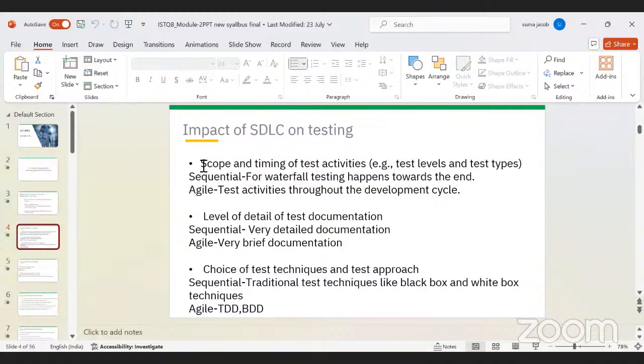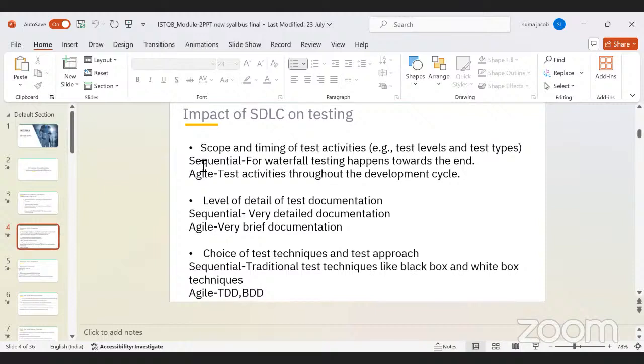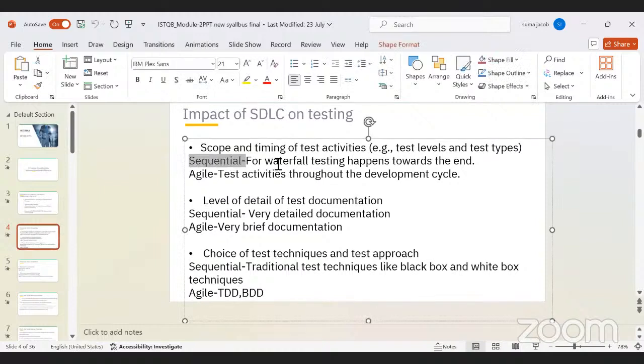So the first one is scope and timing of test activities. The scope and timing of test activities in each type of SDLC model will be different. So let's see what it is. In sequential development model, for waterfall model, the testing happens only towards the end, and that is what we have just learned.